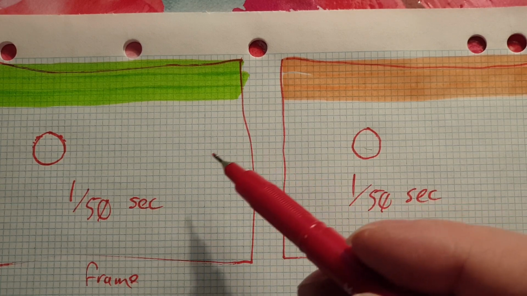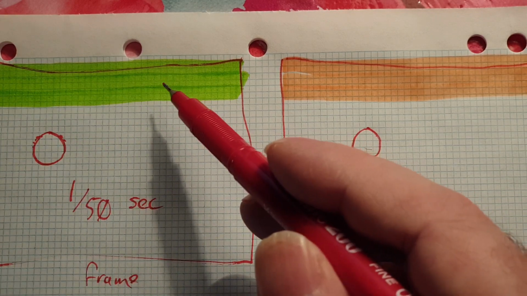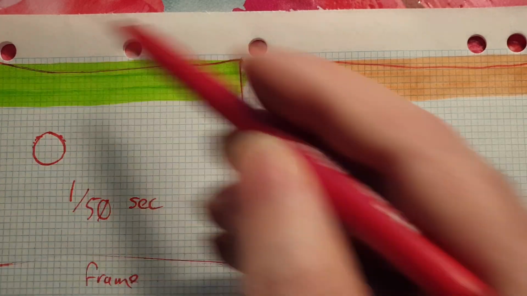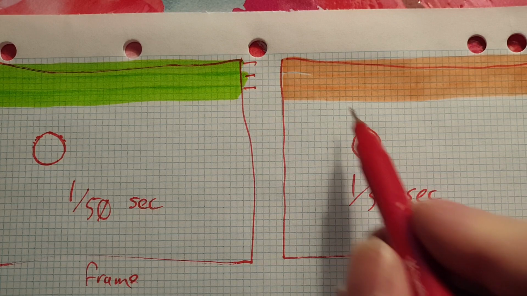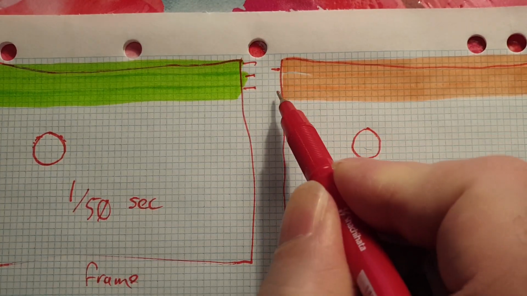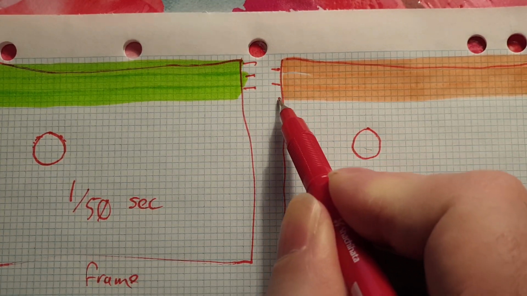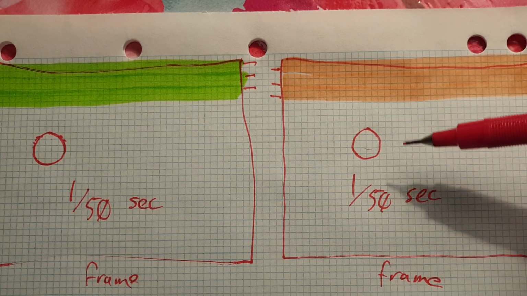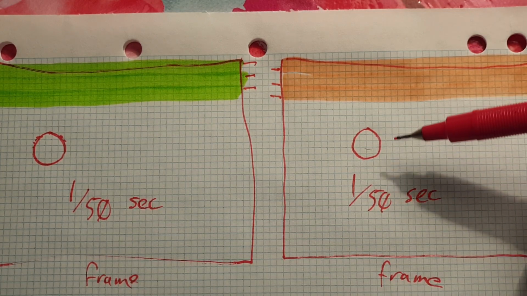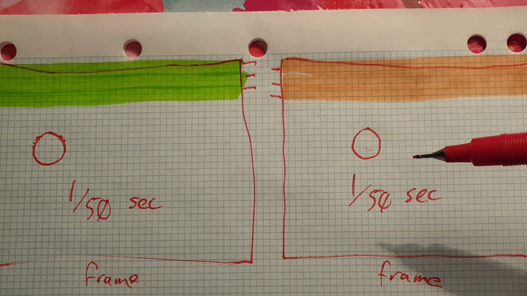But because the input signals are sort of, well, this is taken from line 1, line 3, line 5, and this one's taken from line 2, line 4, line 6, there'll be a slight wobble up and down of any fine detail.